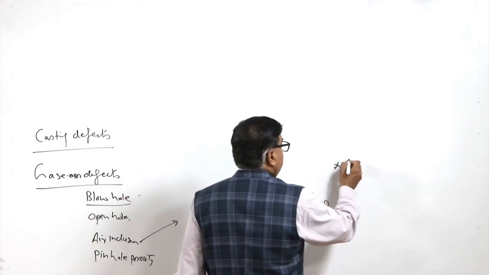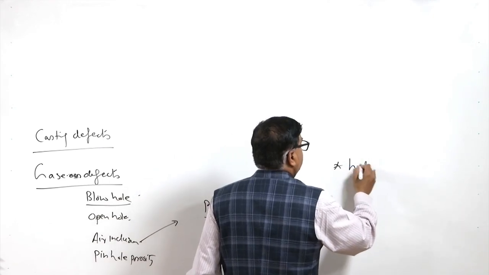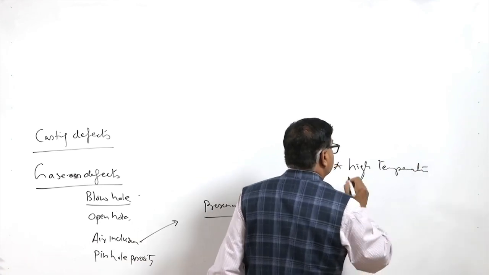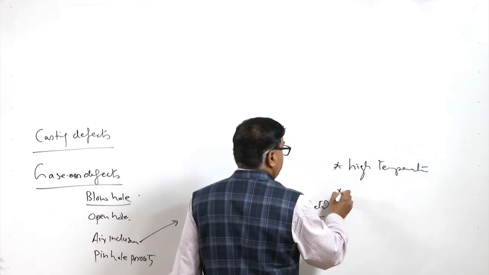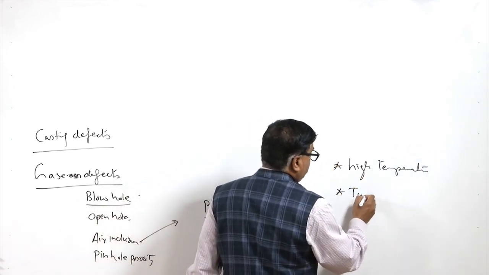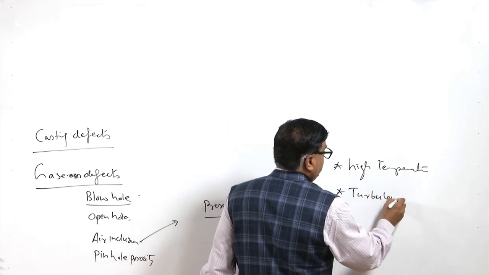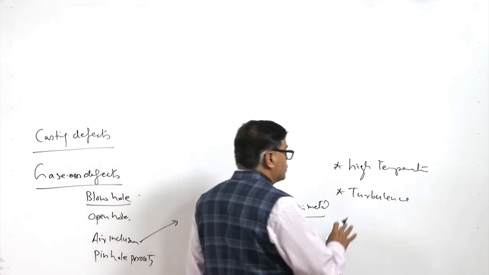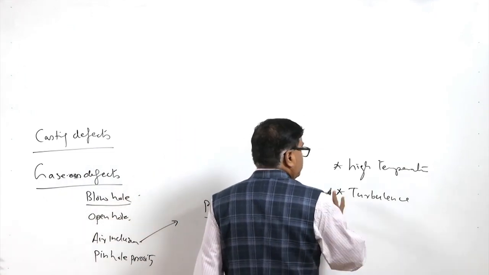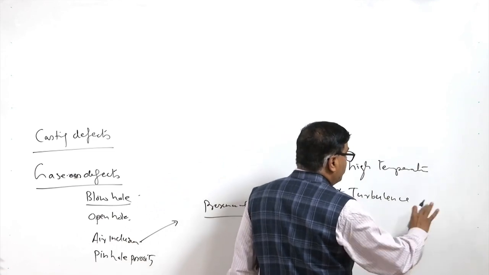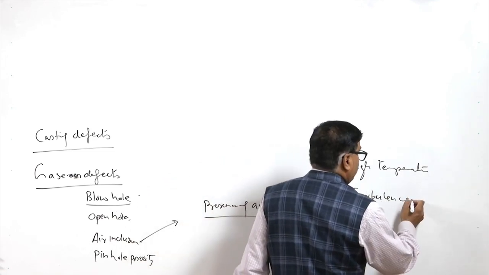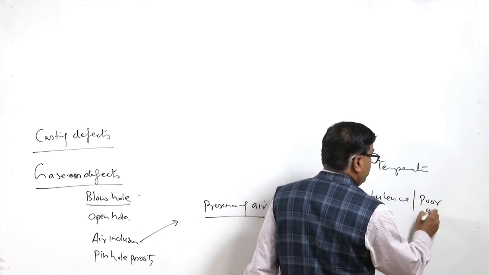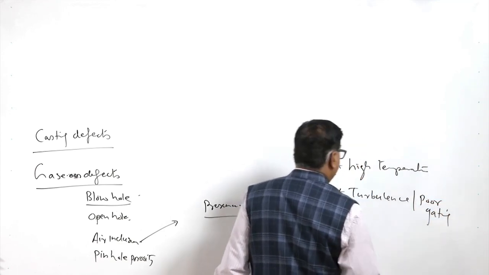The molten metal is at a very high temperature, so the atmospheric air or gases are dissolved in the molten metal. Two, excessive turbulence in the flow of the molten metal through the gating system is taking place. So, the atmospheric air goes with the molten metal due to the turbulence, and this happens primarily due to the poor gating system.